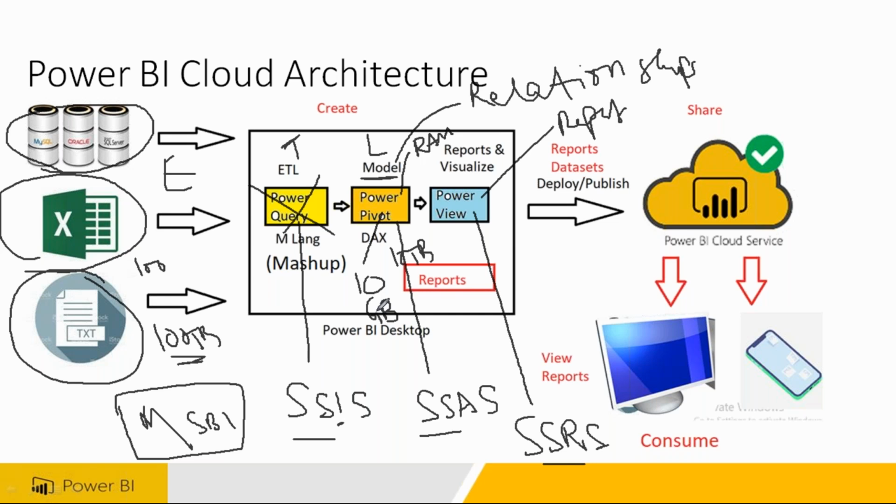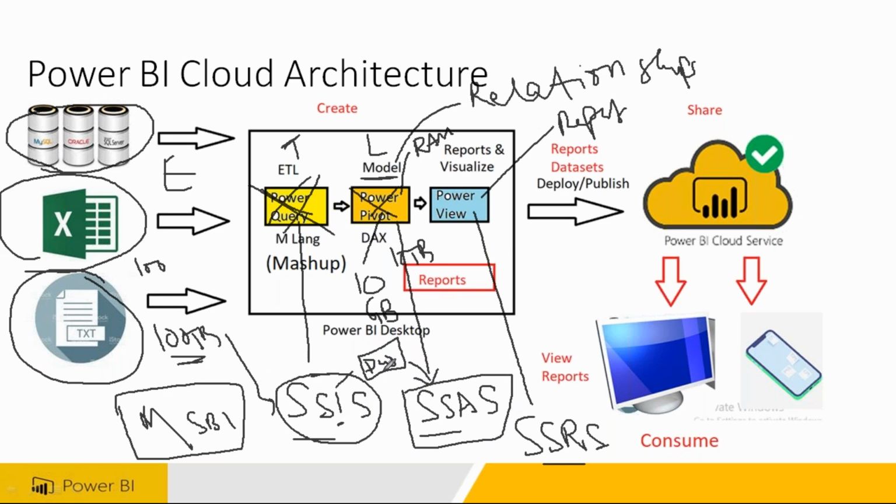When you have terabytes of data, forget about Power Query and Power Pivot. What we do is use SSIS to load the data into a data warehouse. After that, we create a lot of data models from it.